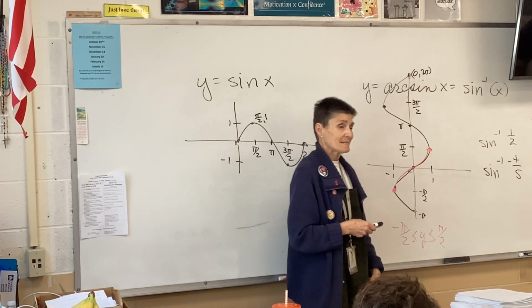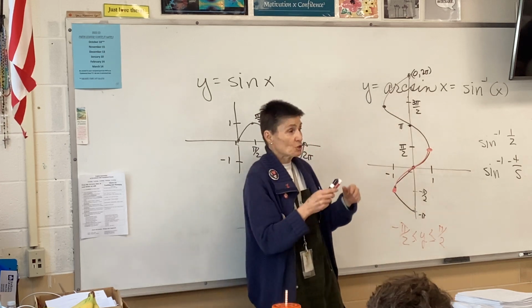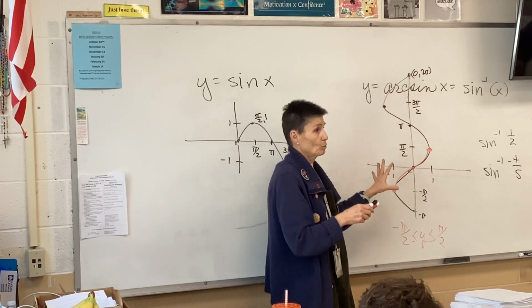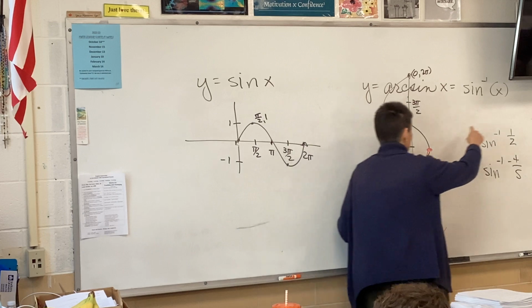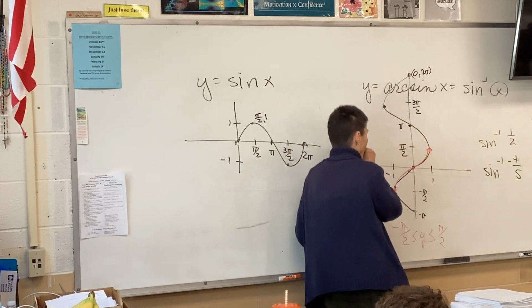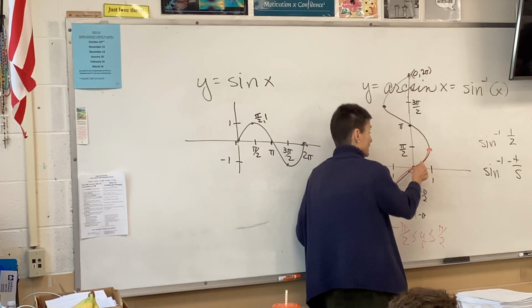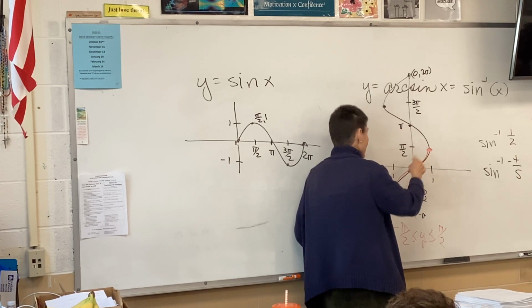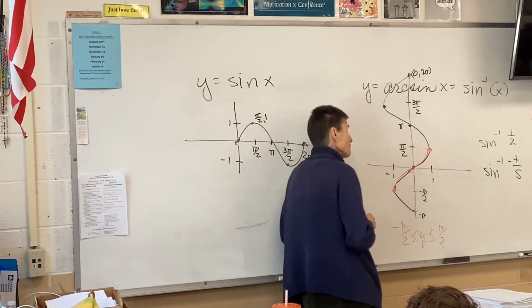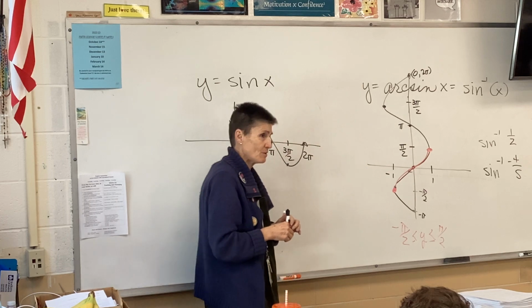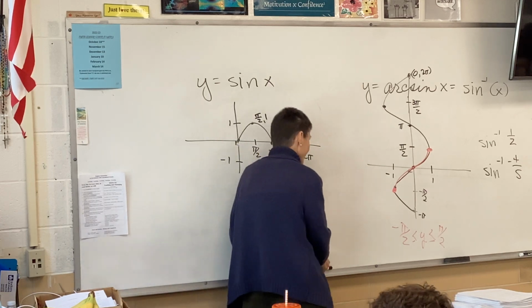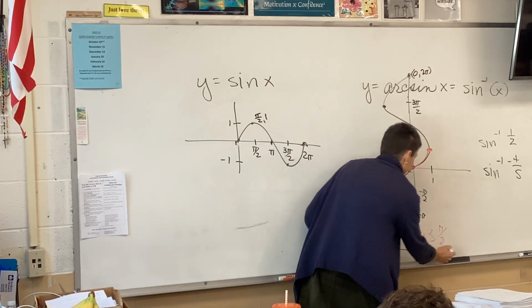Now, what does this have to do with you? Because your calculator knows the rules. If you give it an inverse sine problem, it is automatically going to give you an answer here. Automatically. If you're doing a problem by hand, though, you have got to remember this.